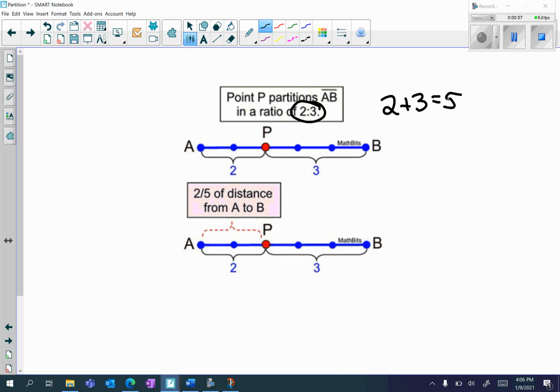So this line segment is broken down into 5 parts. 1, 2, 3, 4, 5. And since it has a ratio of 2:3, here are 2 of the sections together, and then 3 of the sections together. 2/5 of the distance from A to B.